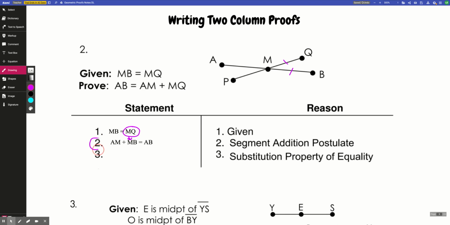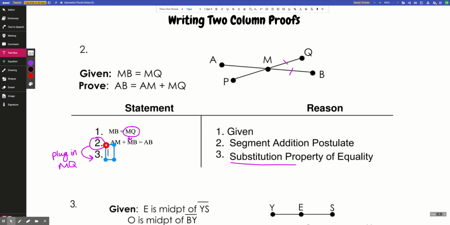In order to get from step 2 to step 3, I have to plug in MQ for MB, apologies. And remember, whenever you plug something in, that's the substitution property. I call it the plug-in property.